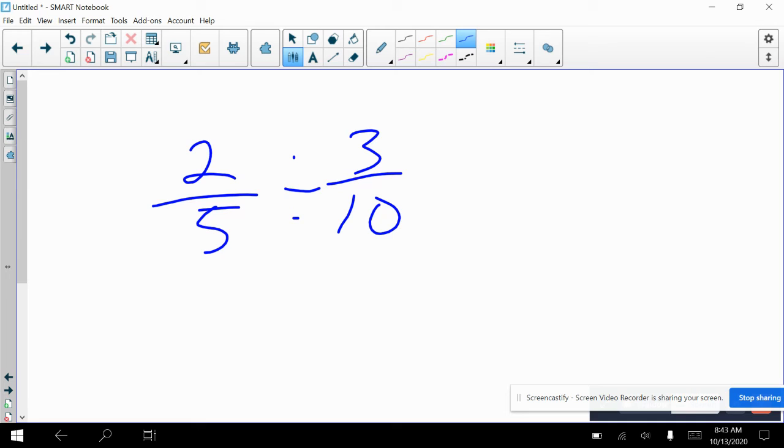Two fifths divided by 3/10. Do you think one of the most common mistakes is made when dividing fractions?